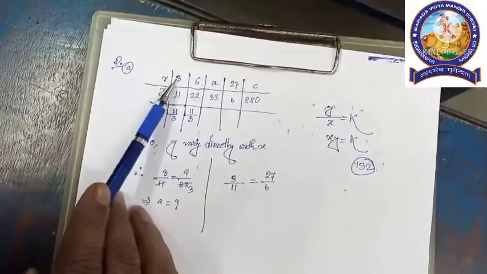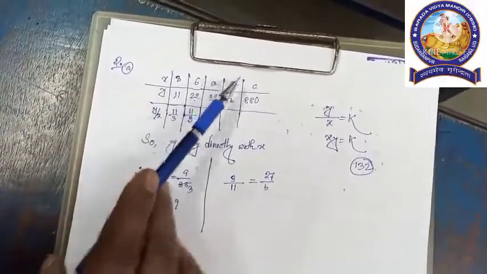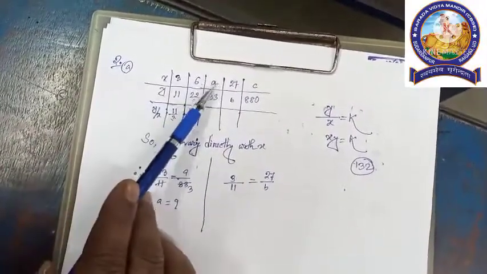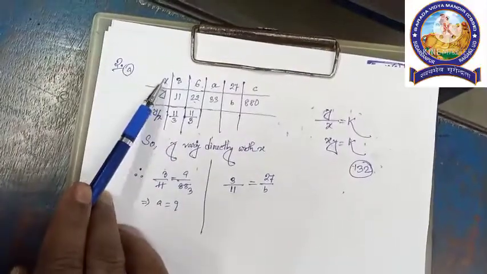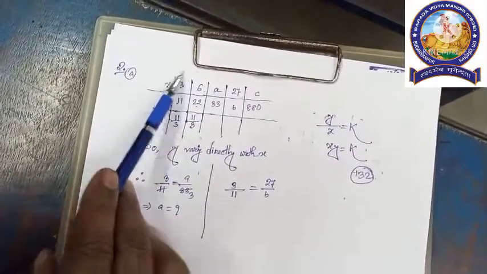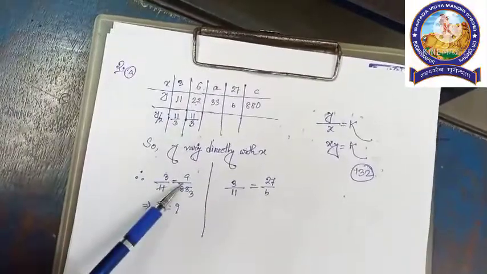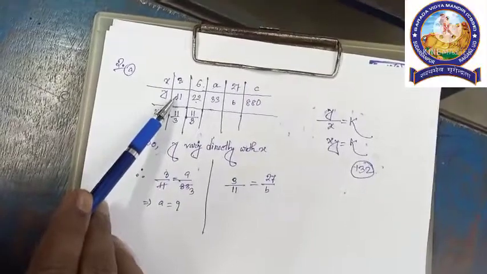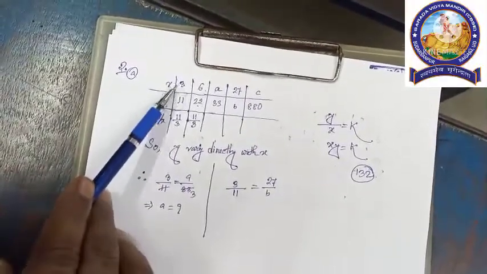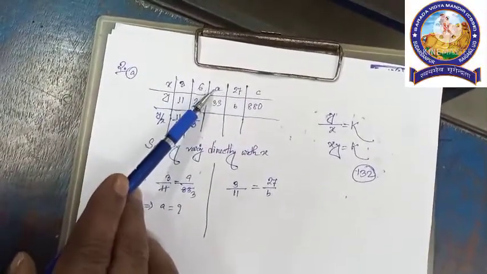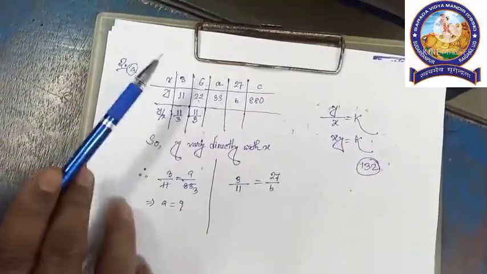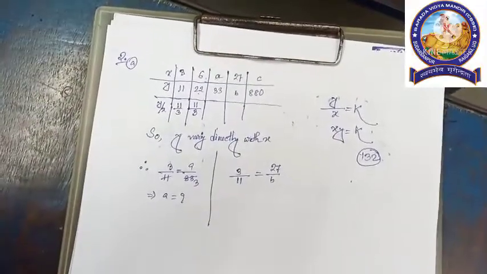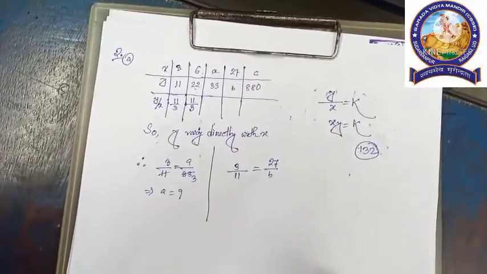If in the first ratio you take x first, then for this ratio you also first take the corresponding value of x, which is a. So a by 33 is written here. If we write it the other way, 11 by 3, then here also 33 by a. So there is no problem, you can take x first or y first, but in both cases it must be similar.